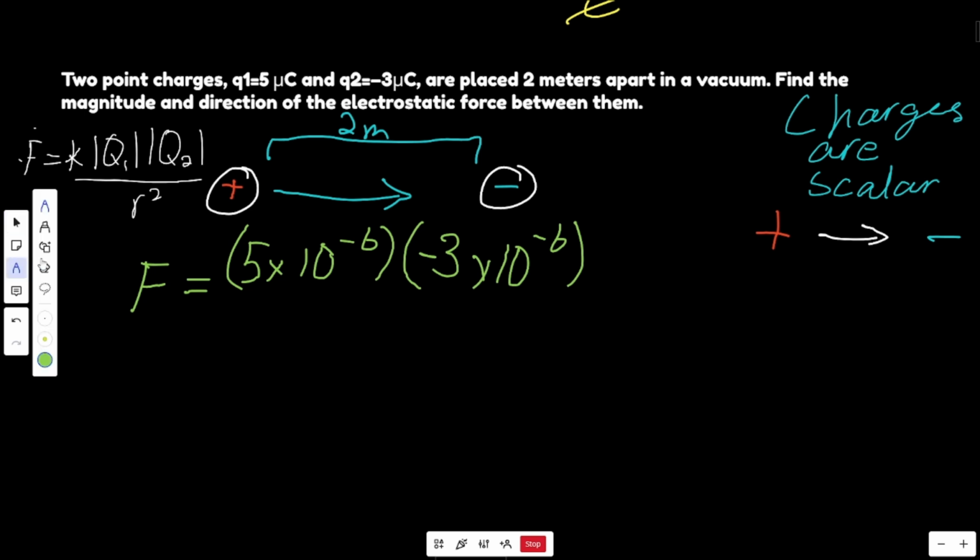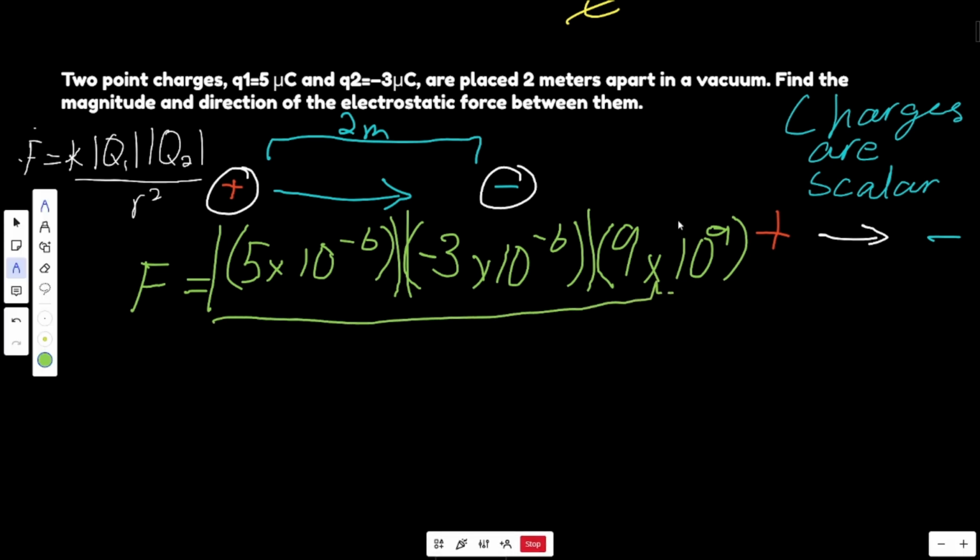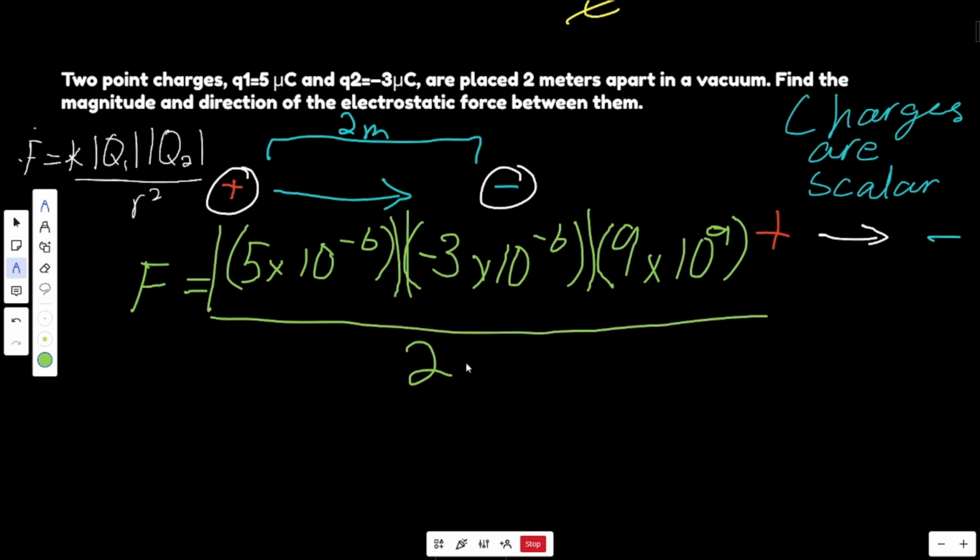There. And we also have 9 times 10 to the power of 9. And these two are all in absolute values, so they don't have any sign. So our denominator is also given. We have 2 meters, so 2 squared.